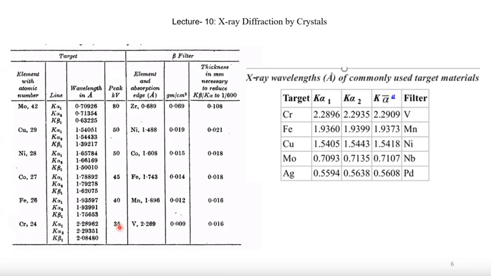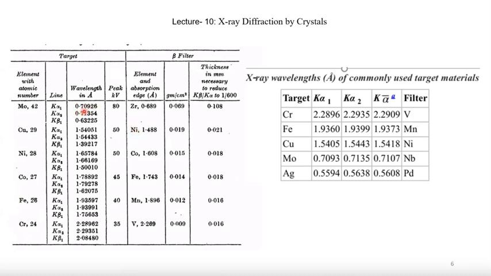For copper, we apply 40 to 50 kilovolts and 20 milliampere; these will be the parameters we use for our X-ray generator to get the radiation we want. And for copper, we use nickel to get rid of beta and white radiation.